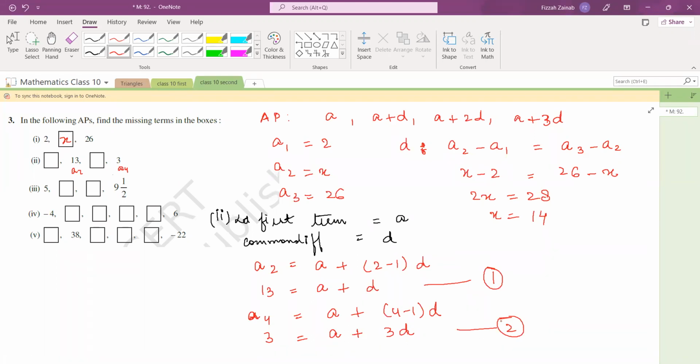Linear equation in two variables. Now find out a and d from here quickly. Just subtract, so a will get cancelled out.